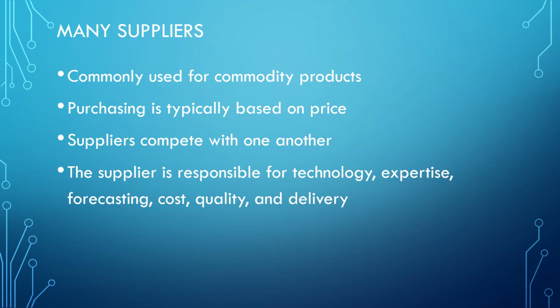Once a supplier is selected, they will be responsible for technology, expertise, forecasting, cost, quality, and delivery. Actually, that will be stated in the invitation for bid or request for proposal information or quote as part of the requirements.